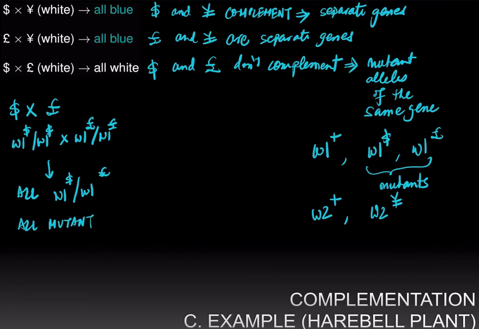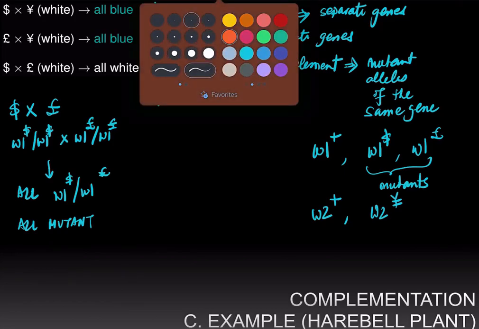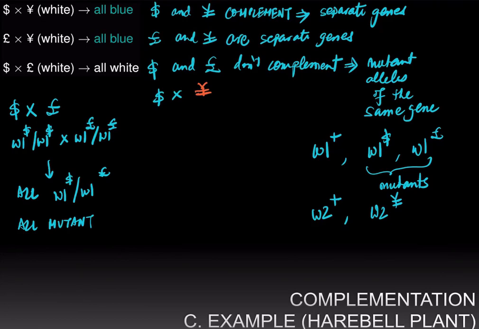On the other hand, if we are crossing, let's say, dollar and yen, and assuming that these genes are unlinked, we are in fact crossing W1 dollar over W1 dollar with the wild type allele for the second gene, so W2 plus over W2 plus, and this individual is the dollar strain, and the yen strain is wild type for the first gene, so W1 plus over W1 plus.